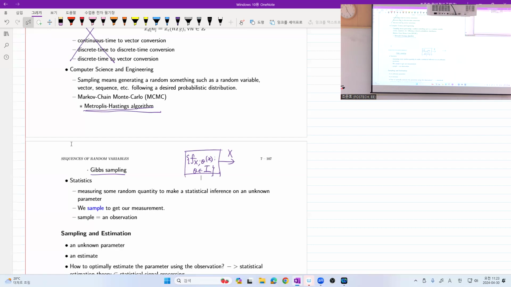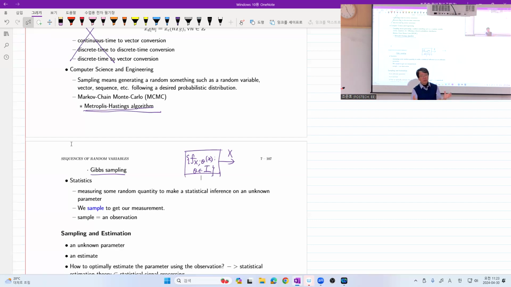in computer science and engineering, sampling means generating a random something such as a random variable, random vector, random process. Sometimes what? Sometimes a paragraph, right? A large language model kind of performs sampling, okay? For example, you have a lot of training data, and according to the trained data, there exists some random model.